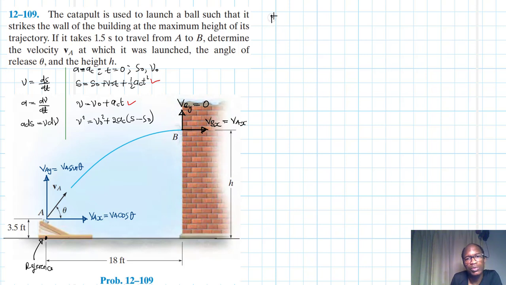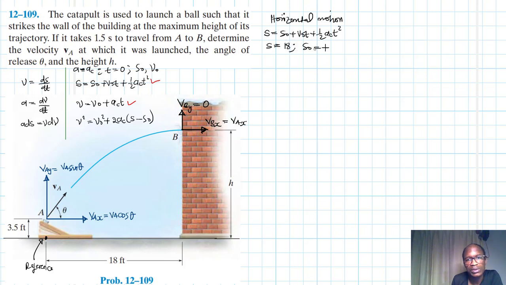Let's start with the horizontal motion. These are feet, so we require to convert our acceleration due to gravity to feet per second squared. Like we said, for horizontal we use this equation: S naught plus V naught t plus half a_c t squared. In our case here, S is just going to be equal to 18.